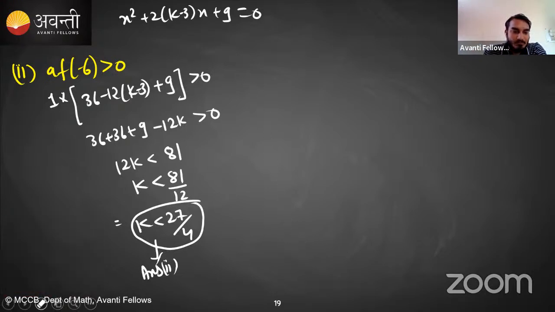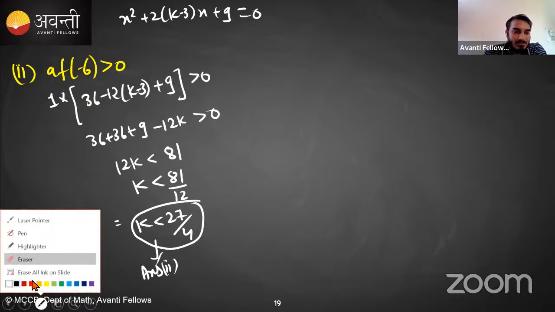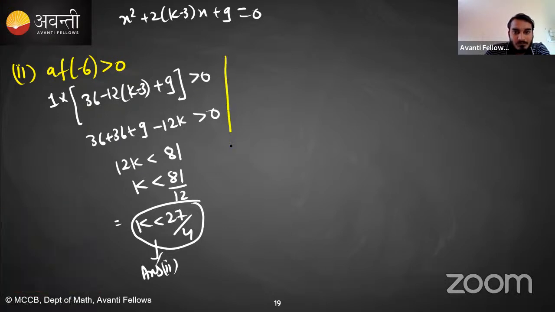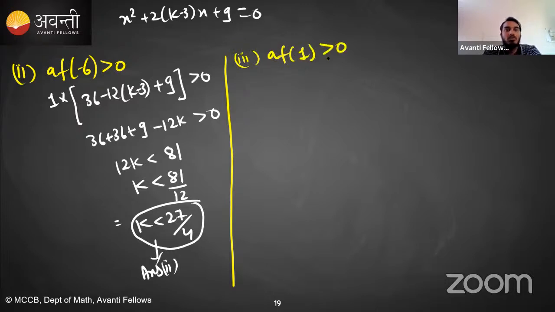Right? Now what is the next part? The third part is a into f of 1 should also be positive, yes or no? So in the same way, 1 into f of 1, put x equal to 1.